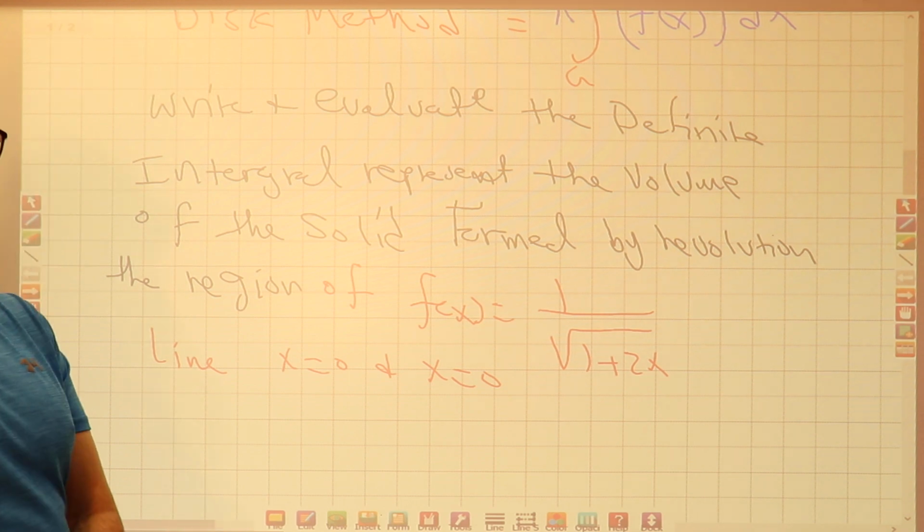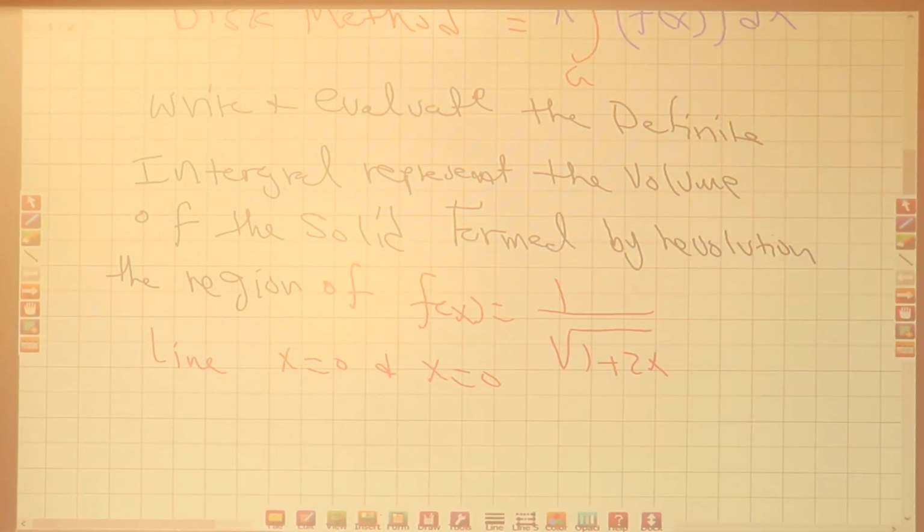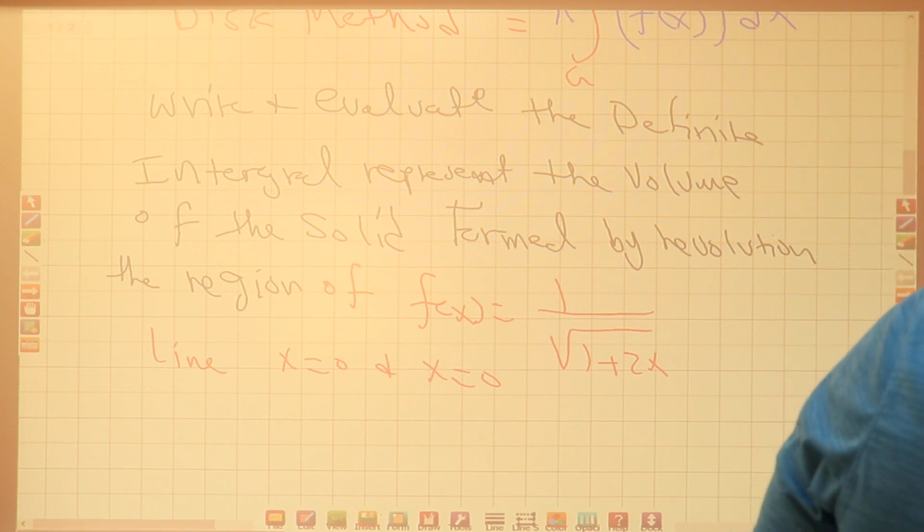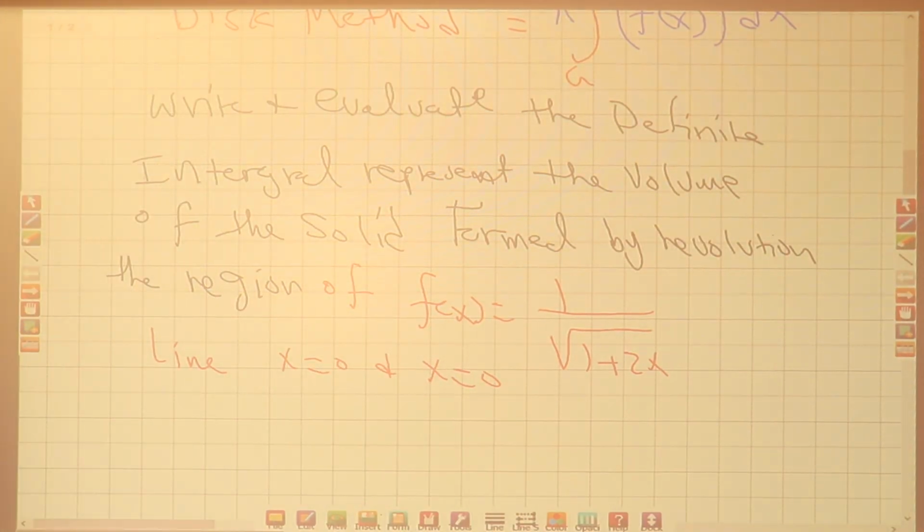If you want to sketch and see how this line looks, let me just show you how this line looks.